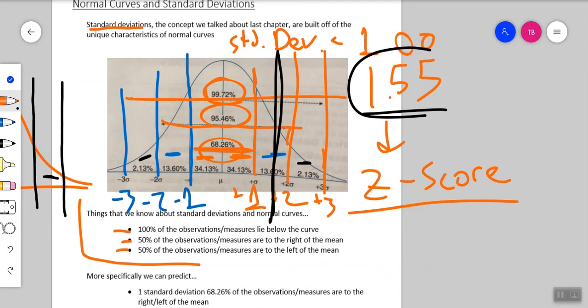Really all a z-score is, is a mathematician's shortcut to look up the percentage for each one of these points within 2 decimal places. So it was a shortcut rather than trying to do the math every single time. Somebody said, well, since it's going to be the same every single time, let's just make a chart.